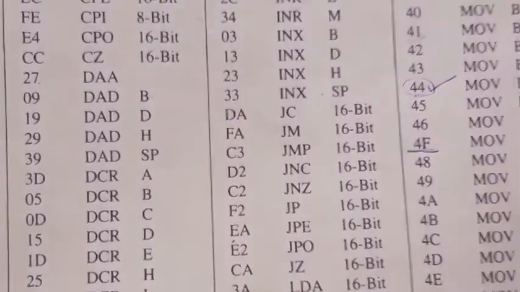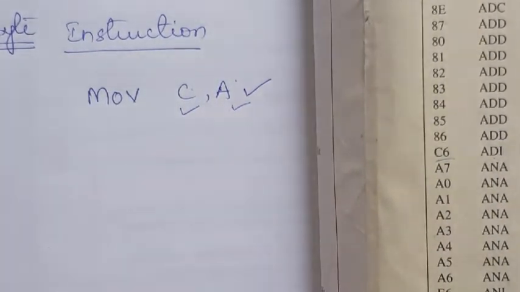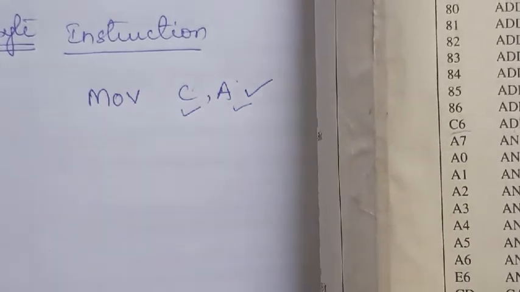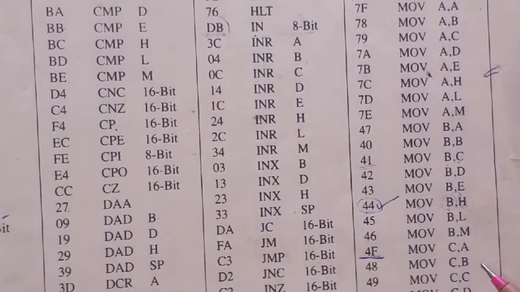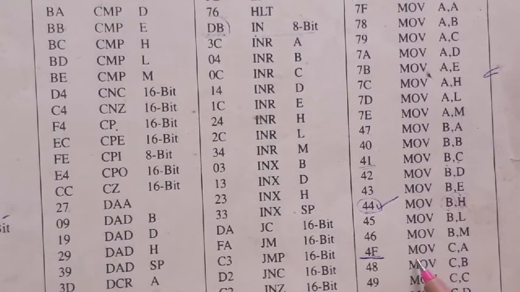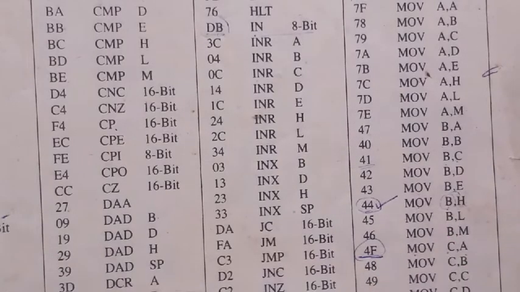Let us see an example like move A to C. I have written the move A to C instruction. Then I look for the code from these data sheets. Move A to C, the opcode is 4F.